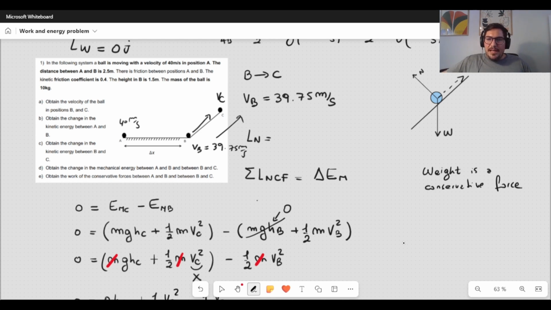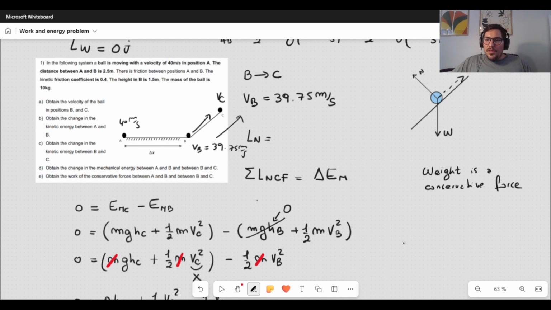So what happens between B and C? First of all, we analyze the forces. There is no friction. Between B and C, the typical convention is that if we don't draw these segments, it has no friction. It is like moving on a surface of ice, for example.